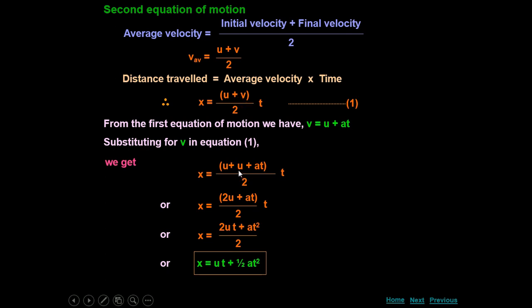When you put this equation, you will get u plus u, which is 2u, and at as it is. Multiply by t into this bracket, 2ut plus at square divided by 2. So 2 gets cancelled, ut plus half at square. This is our second kinematical equation.